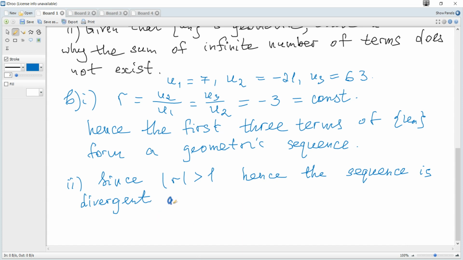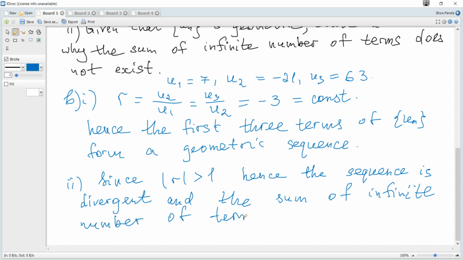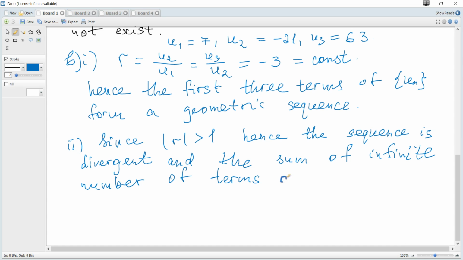And the sum of an infinite number of terms doesn't exist.